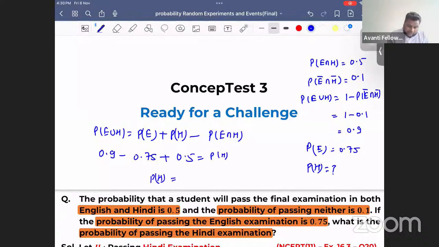So P(H) came what? 1.4 minus 0.75, so it will be 0.65. Somebody answered something. Rohit, did I make a mistake or you made a mistake? Okay, got it.